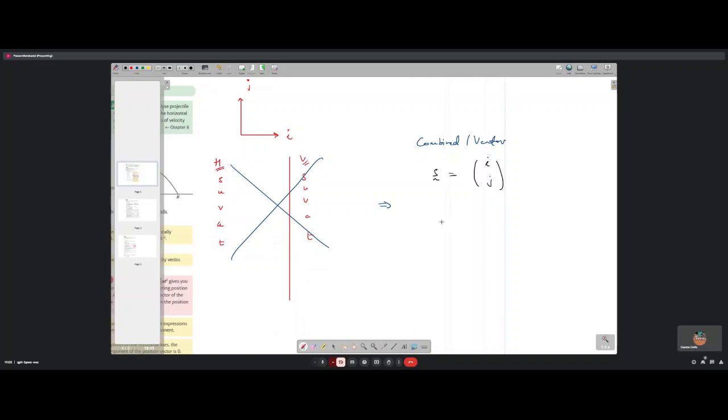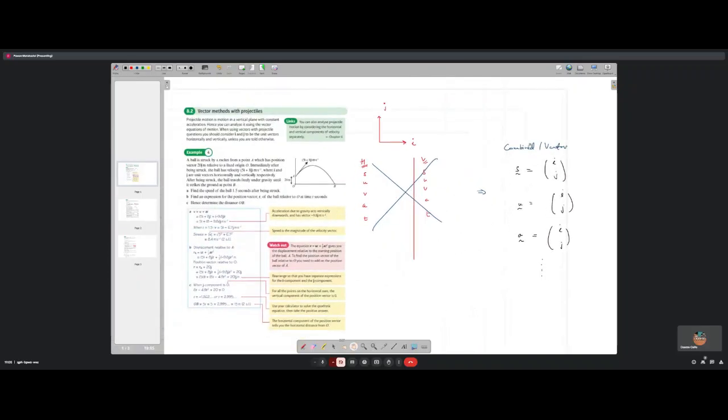Do you see my point? So that's the beauty of this section. When you're doing suvat, you can just represent anything as a vector. You don't even have to come up with two separate equations. You can just represent everything using a column vector. And I think that's a beautiful, beautiful thing.